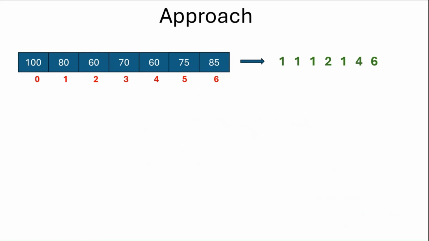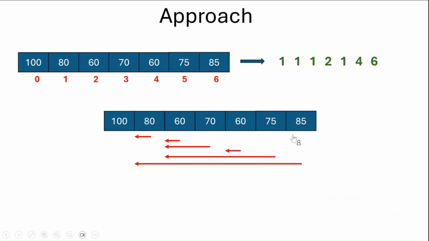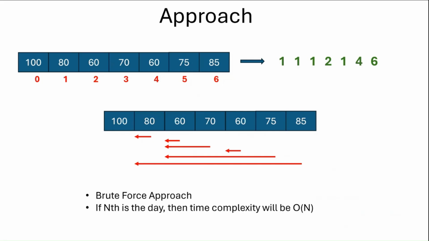For the current day, whenever we get the stock price, from that current day we check the previous consecutive days till we see a stock price greater than the current day stock price. And this process we need to repeat for every day. So we can see that for every day we need to go back through the previous days to compute the span. So this is not an efficient approach. This is the brute force approach.